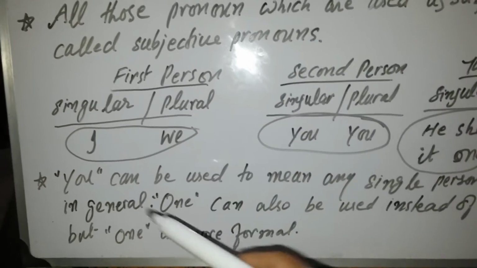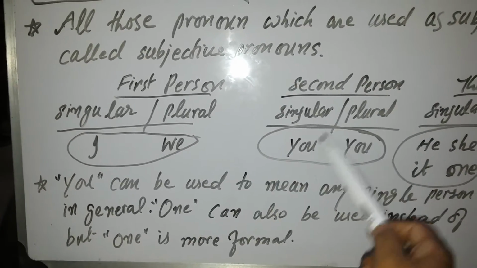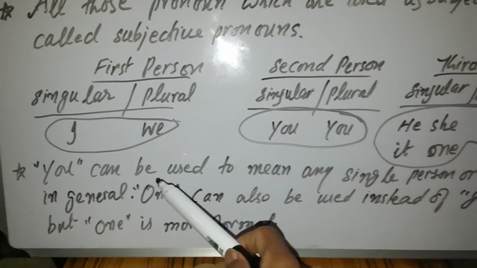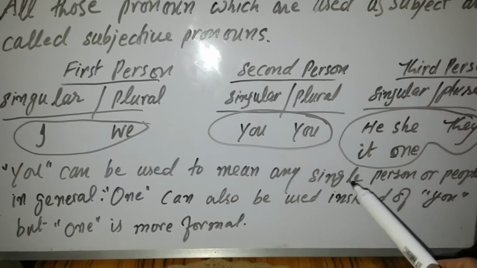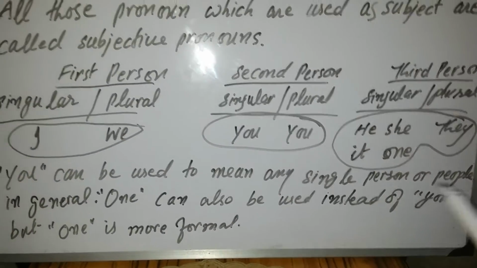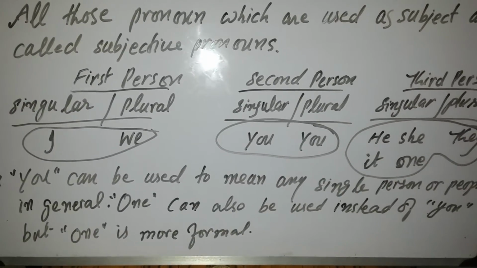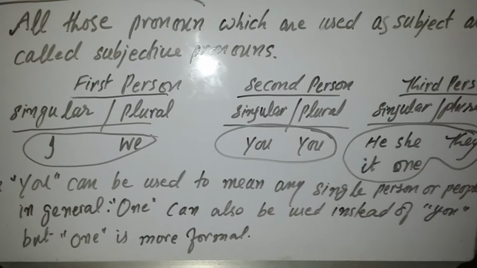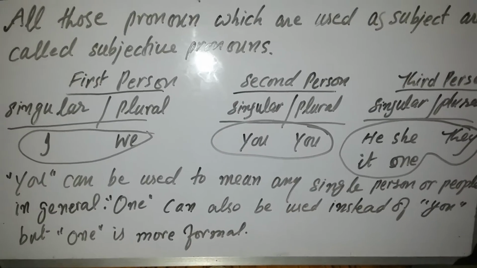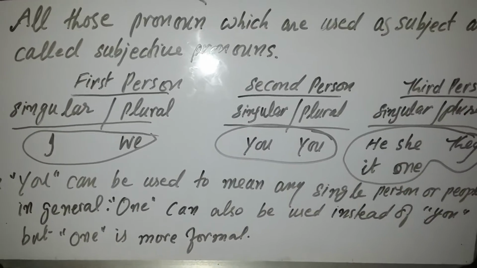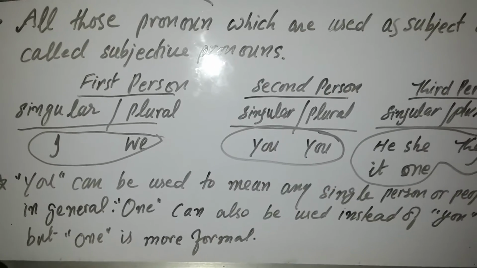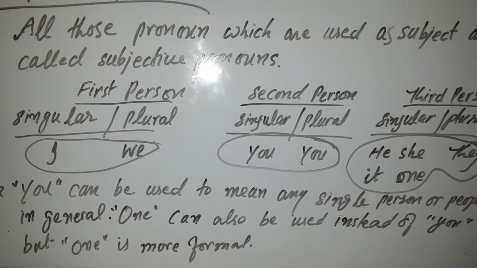Now if you look at the second person pronoun, "you" can be used to mean any single person or people in general. For example, if you are talking about a single person who is standing in front of you, or you are talking to that person, you can use "you" as a pronoun.